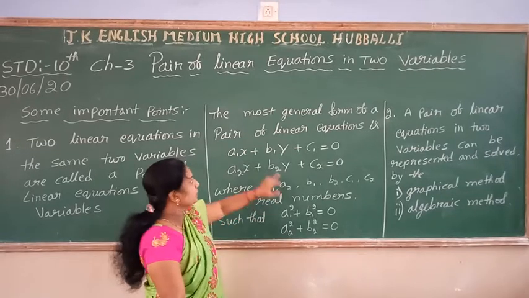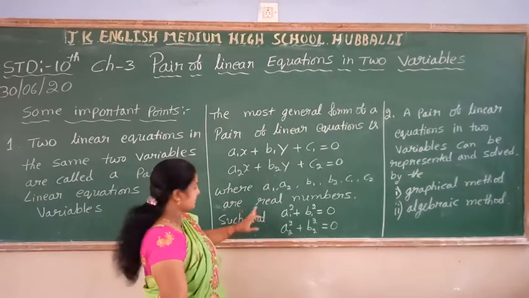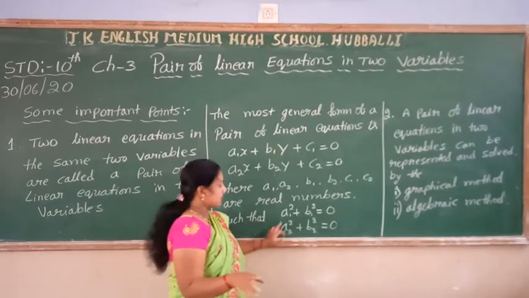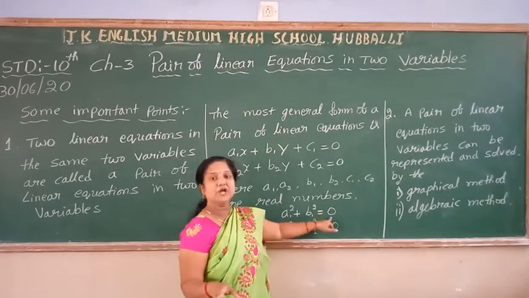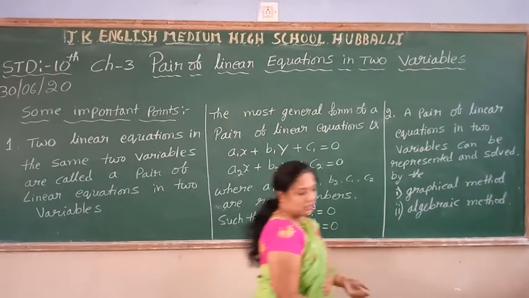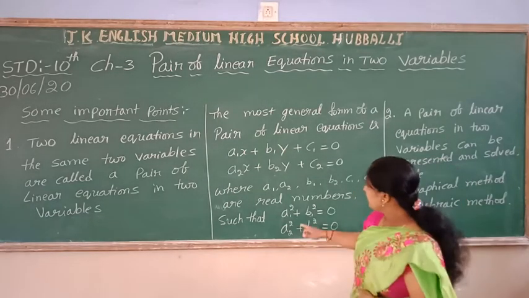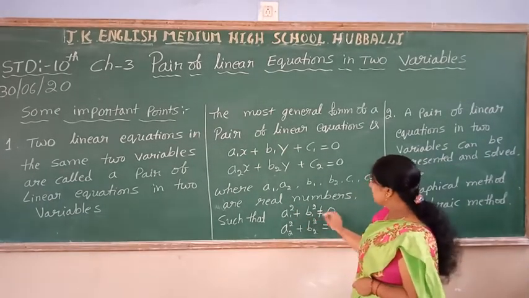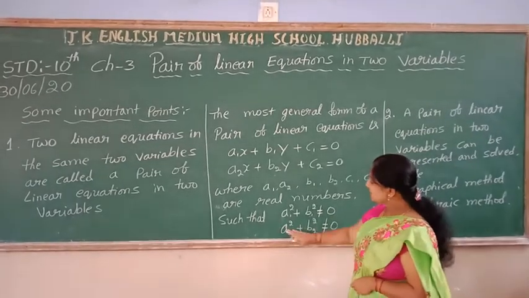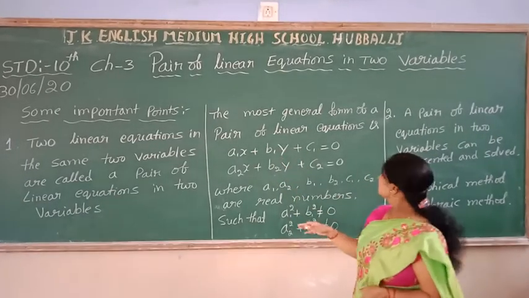Where a1, a2, b1, b2, c1, c2 are real numbers, such that their values should be in such a manner that a1 square plus b1 square should not be equal to 0, and a2 square plus b2 square should not be equal to 0. Such type of values should be there in place of a1, a2, b1, b2, c1, c2.